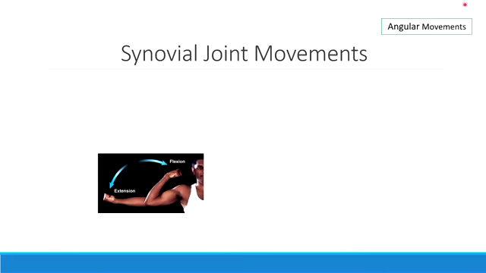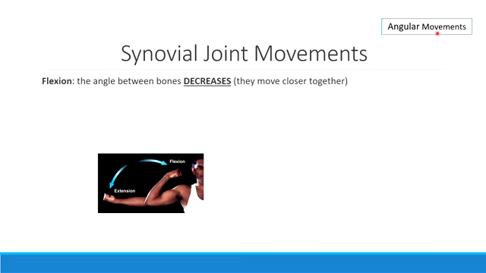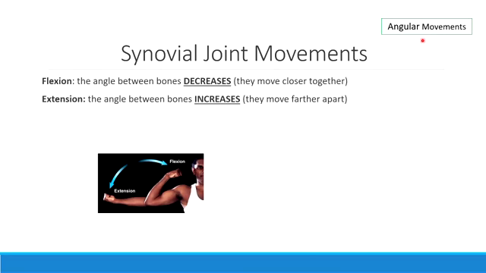Let's start by talking about angular movements. And when we do angular movements, think about this as the angle between 2 bones changing. So the first set of terms, and I do want you to learn these in groups, is flexion and extension. When we do flexion, the angle between our bones decreases. So I've got my arm out here.